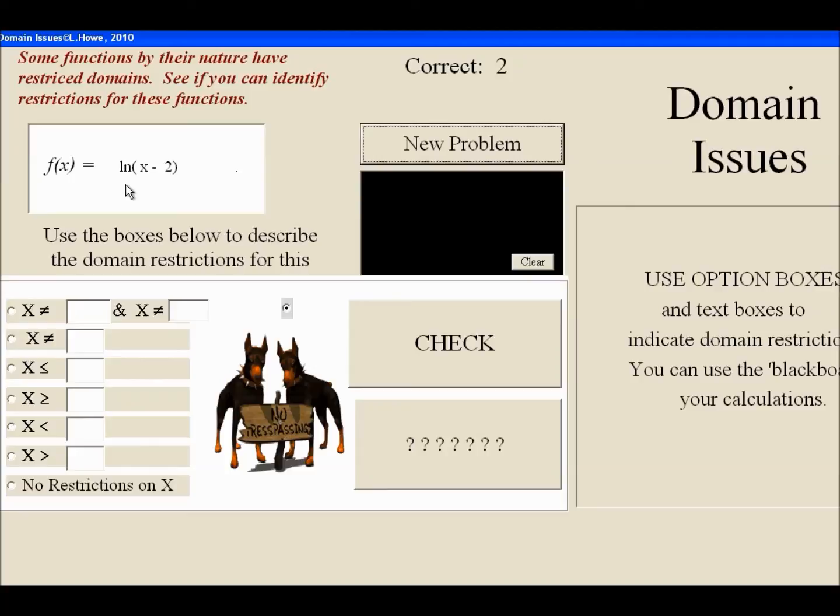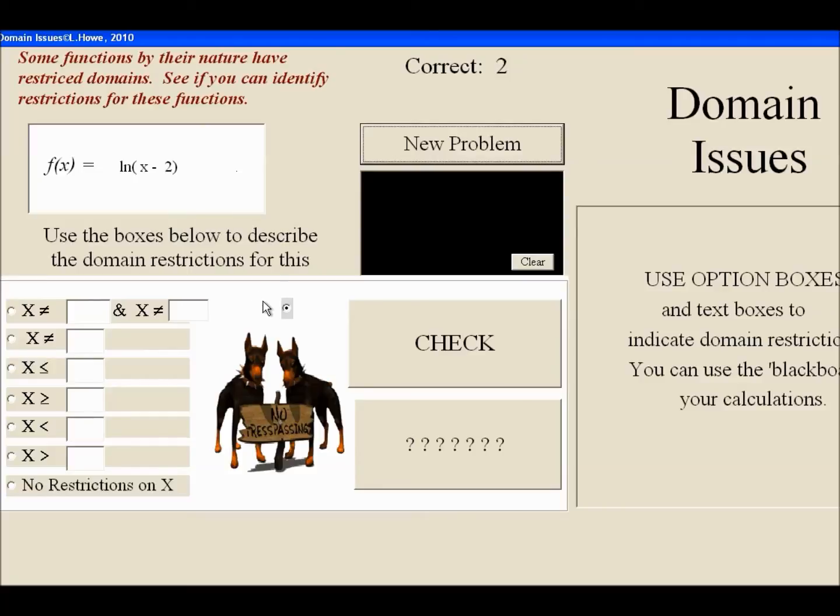Some of you may not have studied logs, but you will in higher levels, and this is really aimed at the higher levels of algebra from Algebra 2. You can't take the log of a negative number, and you can't take the log of 0. You can only take the log of a positive number.